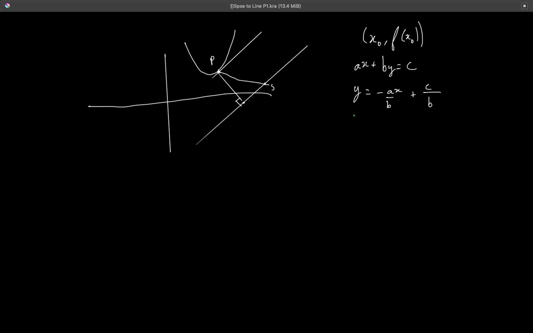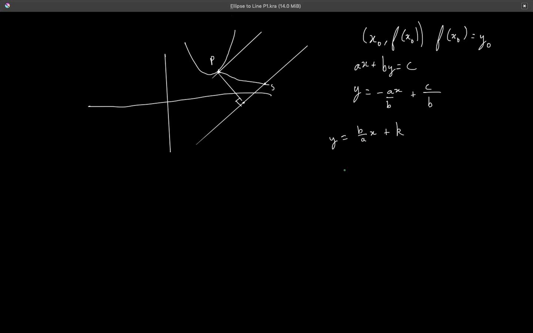And so obviously any line perpendicular to this is going to have a slope of b over a, and so we're going to have y equals b over a x plus k for some constant k, and if you plug in the point x0, f of x0, and let's call f of x0 y0, that's going to clear things up a bit.